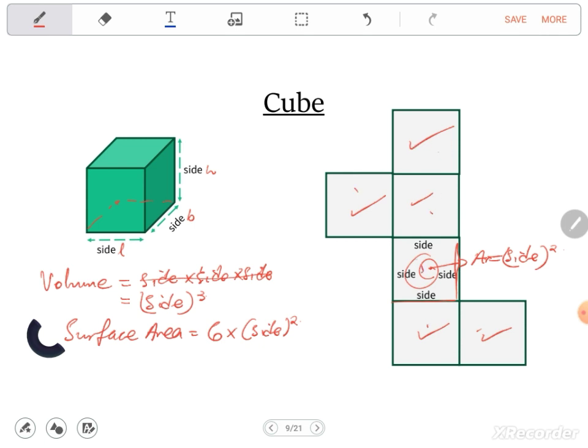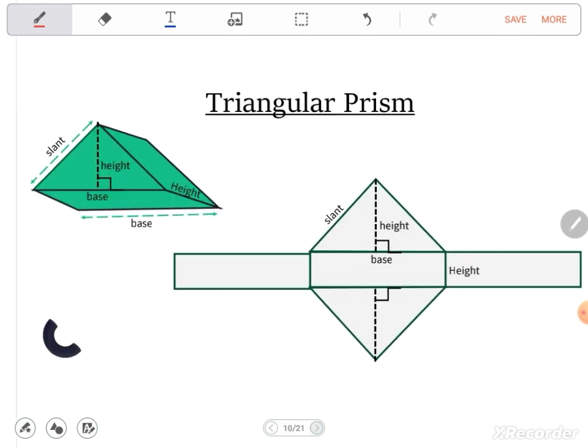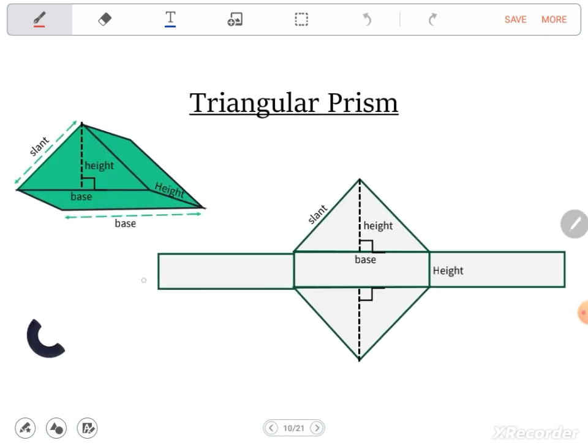So the net actually helps us to understand how we get the surface area. With this one here, we have a triangle, which is the base of the triangular prism. The area of the triangle is half times base times height.